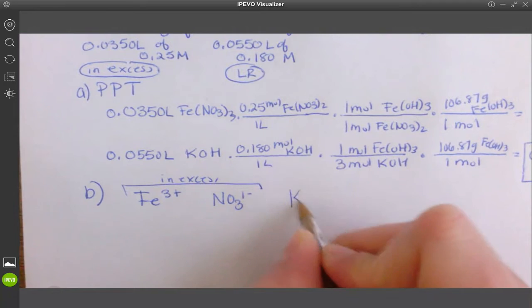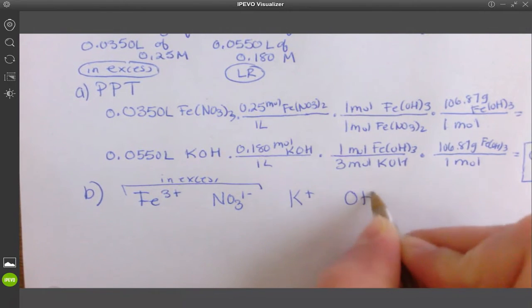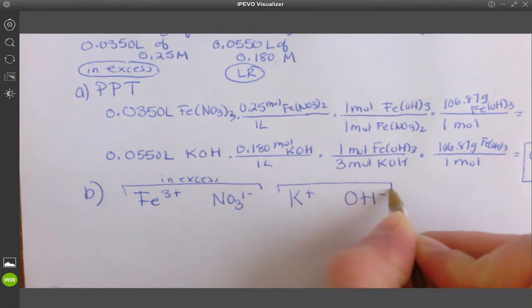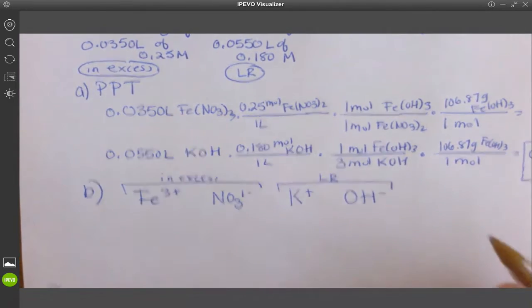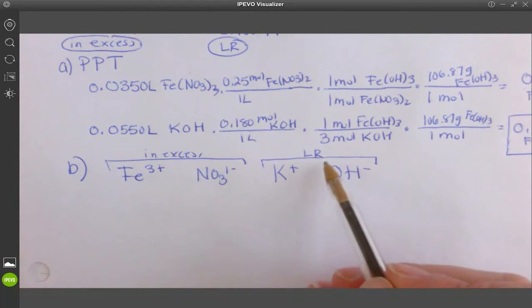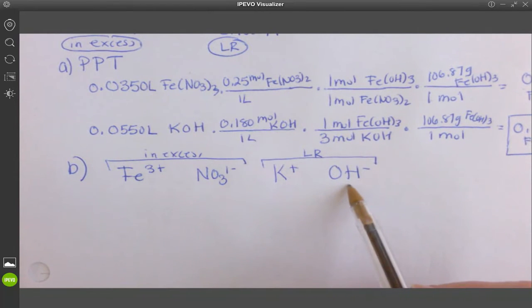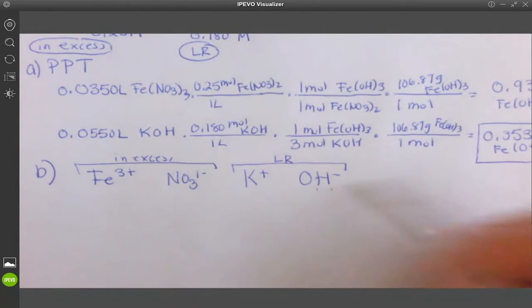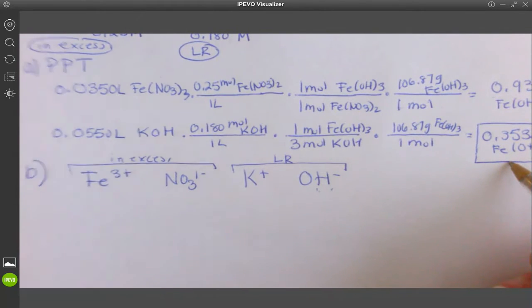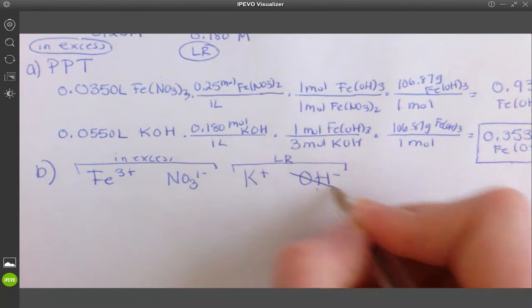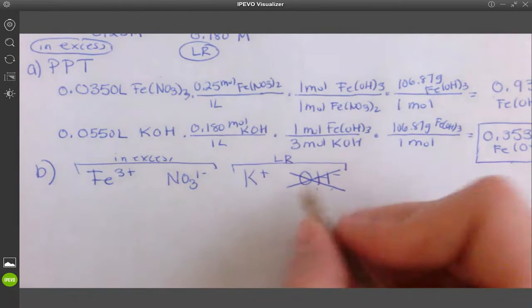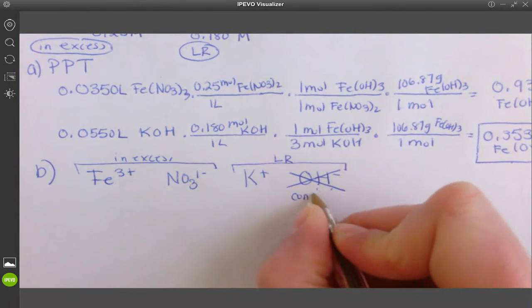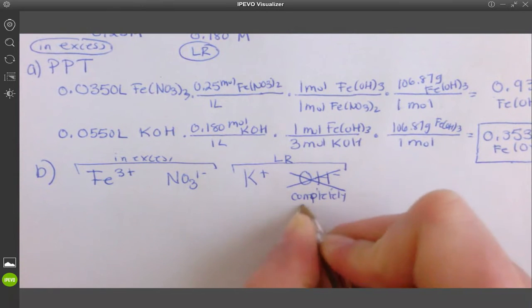I also have potassium ions to think about and my hydroxide ions to think about, and this was from my limiting reactant. So if I first look at my limiting reactant, potassium hydroxide, the hydroxide is going to be the one that completely gets consumed to form the iron 3 hydroxide. So there will be no hydroxide ions left over in solution. These were completely consumed.